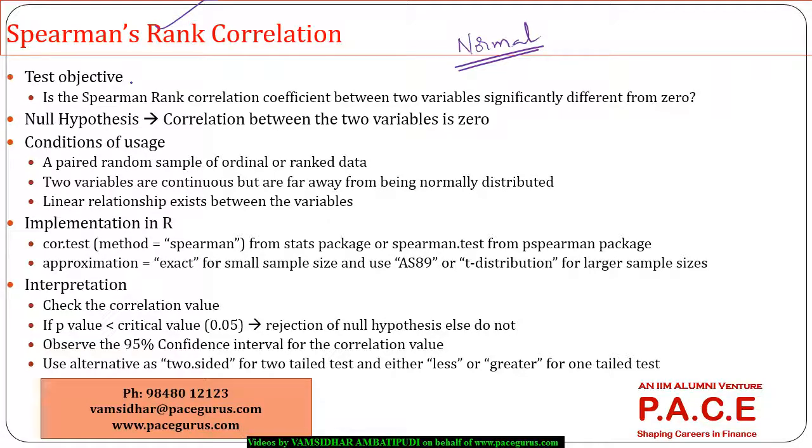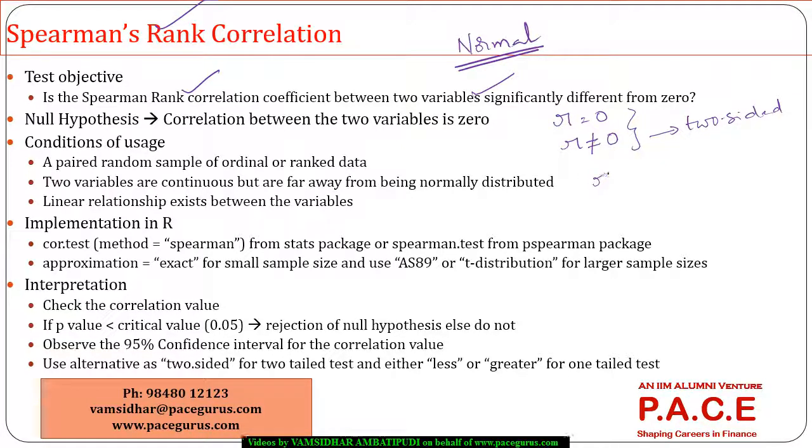So I want to find out, is the Spearman's rank correlation coefficient between the two variables significantly different from 0? The null hypothesis again is that the correlation is equal to 0. If I take the alternate hypothesis as not equal to 0, this pair is called a two-sided, two-tailed test.